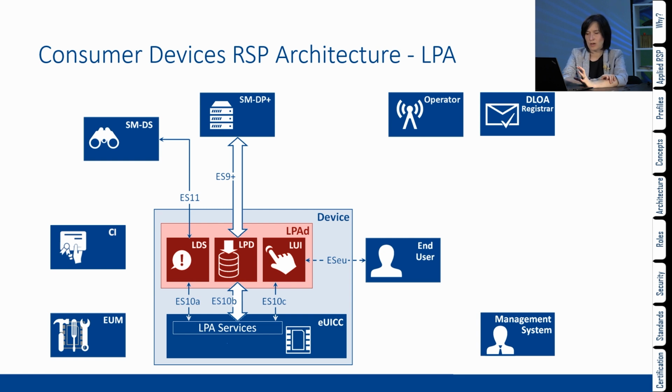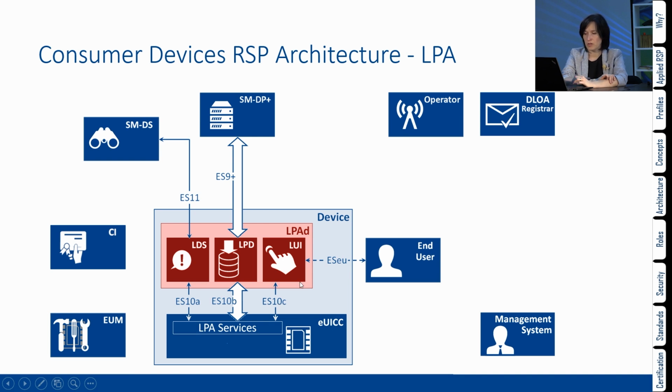Since it is kind of in the middle of the communication, the LPA has a connection to the SMDP Plus. It's already shown as a tunnel, because it's tunneling the profile to the eUSSC. It's the ES9 Plus interface. And then the LPA has an interface ES11 to the SMDS. The LPA has an interface to the end user.